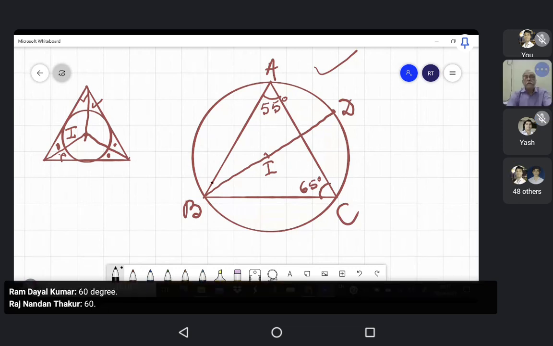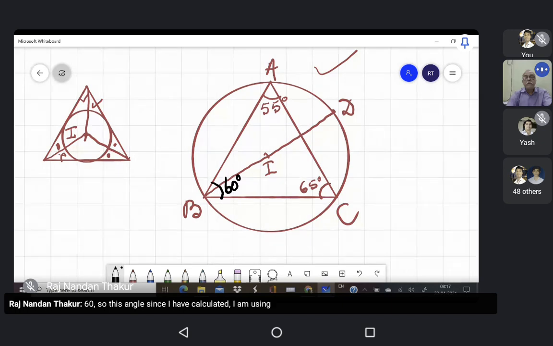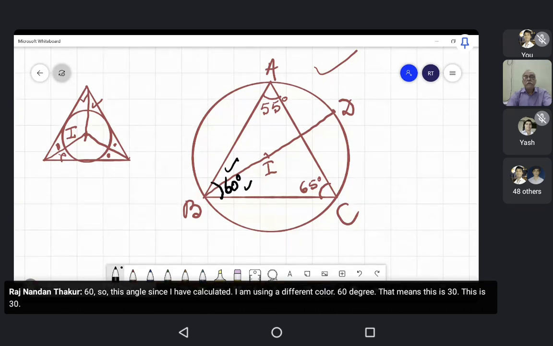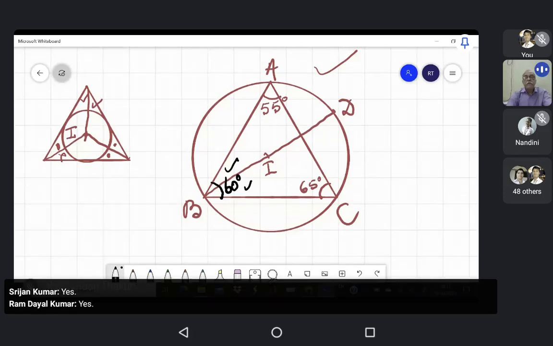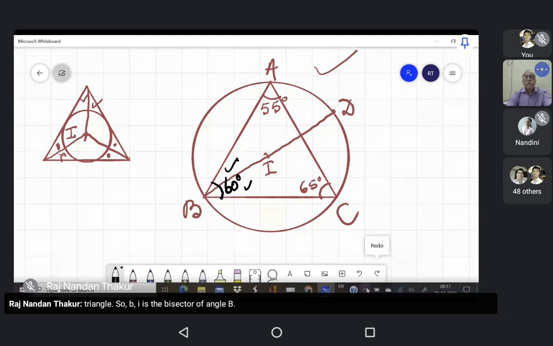So this angle is 60 degree. That means this is 30, this is 30. Since I is the in-center of the triangle, BI is the bisector of angle B, and therefore 30-30. Now what we have to find out? DCA.